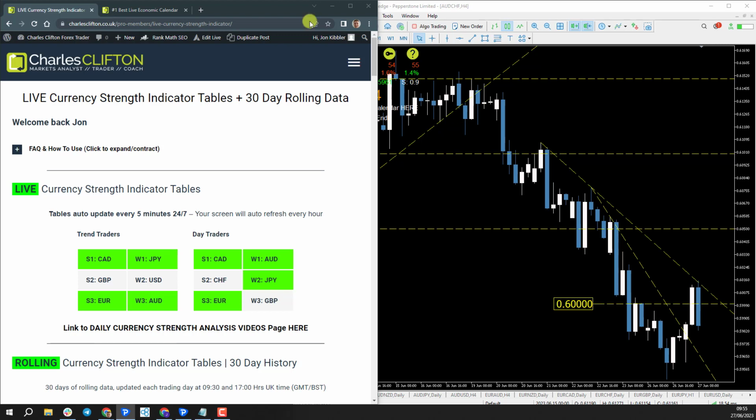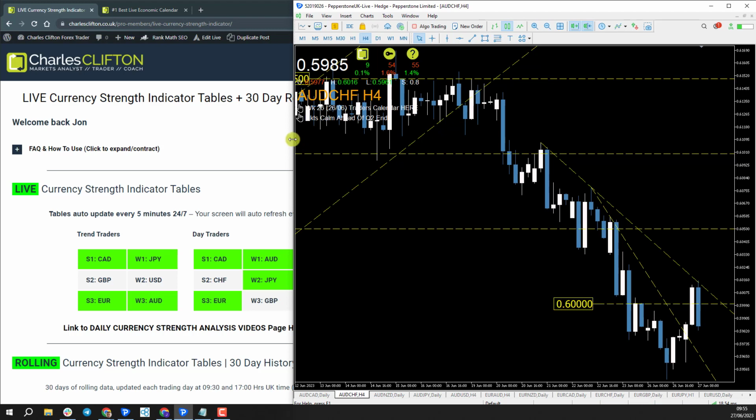I saw that the Swiss franc had come off our trend traders table, and to be honest, we had broken through a couple of areas of resistance, and I got a little bit jumpy and took myself out for a small loss rather than letting it play out. And if I'd let it play out, we would be back in profit by about 10 pips at the moment. So let's talk about that first.